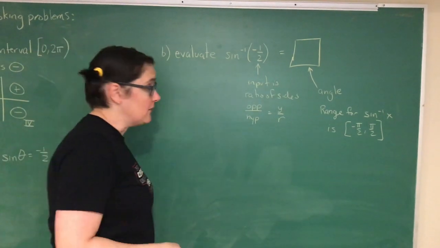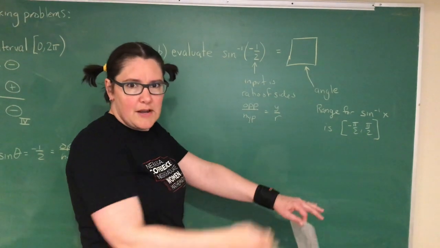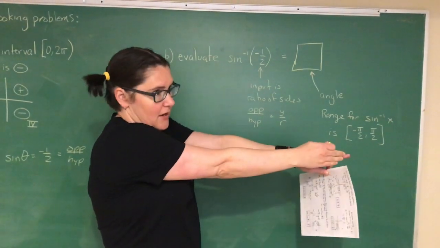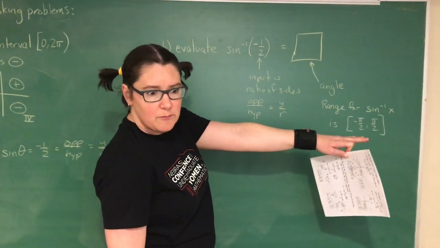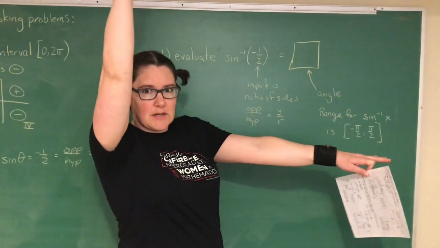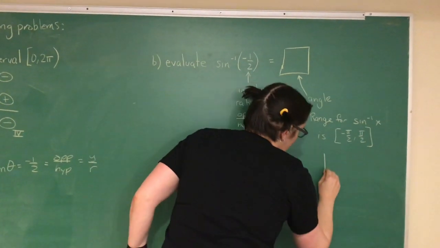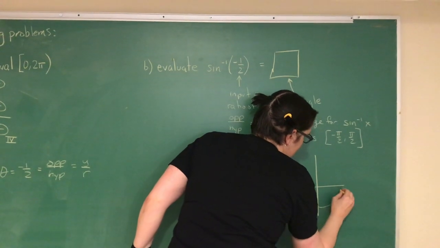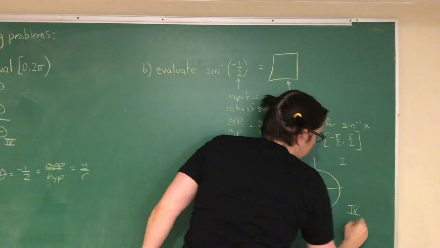So when I think about angles along the unit circle, or just angles in the xy plane, an angle of negative pi over 2 is, I want to think about clockwise 90 degrees, so pointing directly down, from negative pi over 2 up to 0, and then angles swinging up to an angle of positive pi over 2. So I want to choose angles that are going to be an angle in quadrant 1 or quadrant 4.